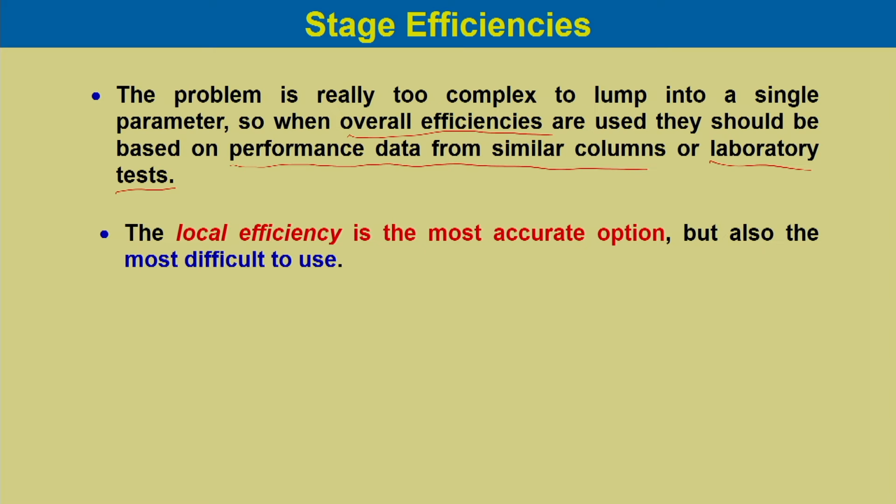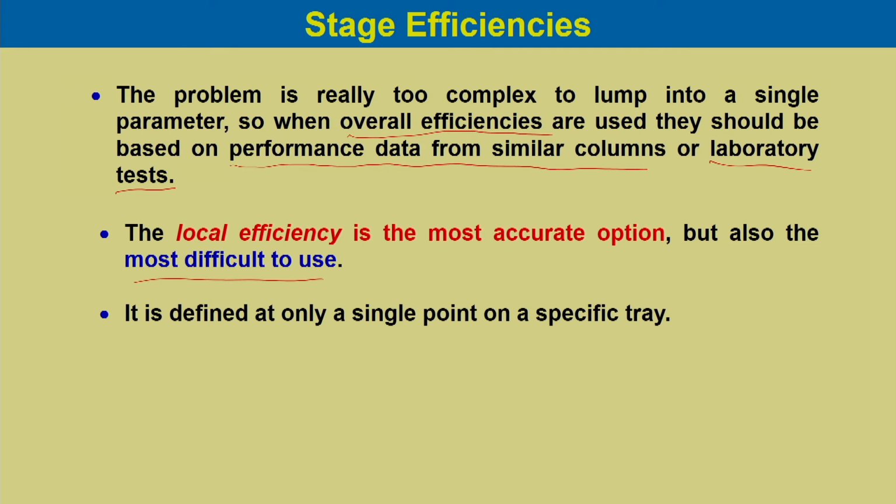The local efficiency is the most accurate option, but it is also the most difficult to use. It is defined at only a single point on a specific tray. So, local efficiency is the efficiency at a particular location in a particular tray.